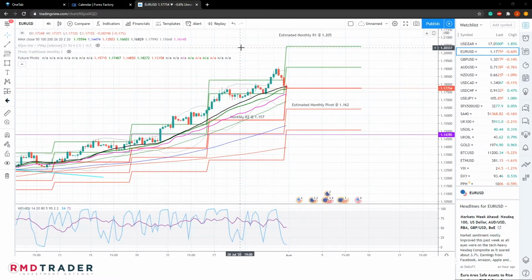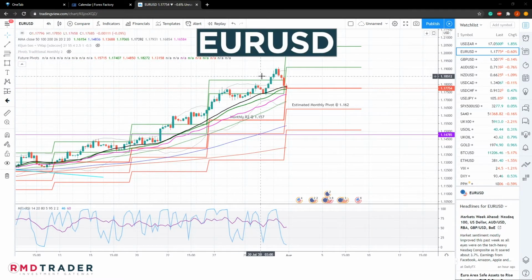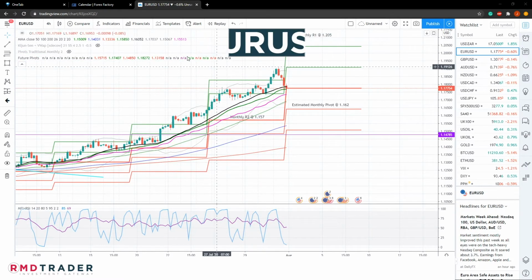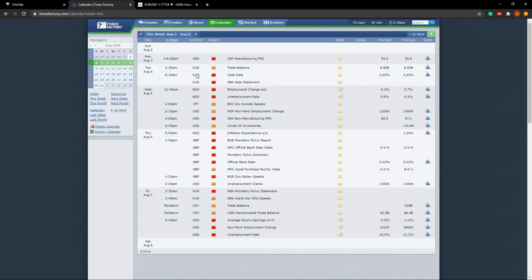Moving on to EURUSD, and starting by looking at our economic calendar for the week, you can see again we have lots of news that might have an impact on our US dollar pair. We can see there's some manufacturing PMIs on today at 4 o'clock. We have non-farm employment changes.